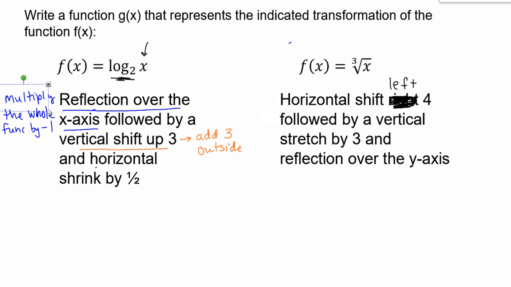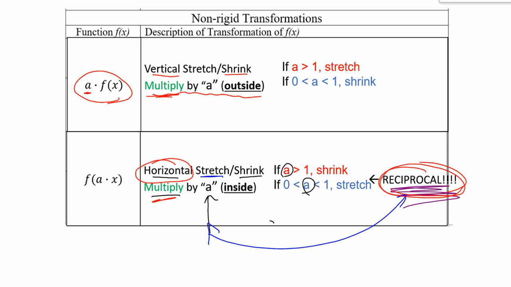Okay, this one says a horizontal shrink by 1/2. Now, horizontal, automatically, your brain should be going off bells and whistles. Something's different about horizontal. Oh, it's always backwards. Okay, let's go back to our reference sheet and make sure we remember horizontal shrink means we have to multiply, but we multiply by the reciprocal.